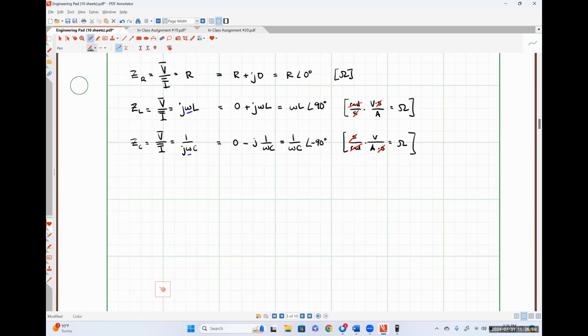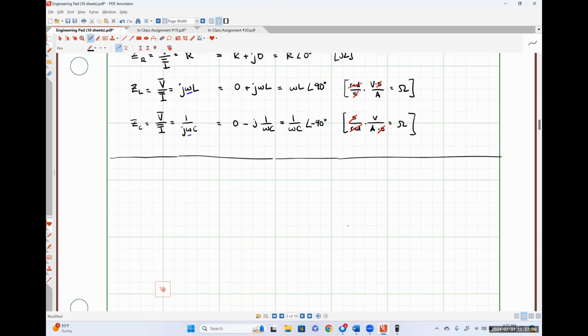I want us to revisit that first problem that we worked. We had a current source i_s of t connected in series with a 5 ohm resistance and a half a Henry inductance.